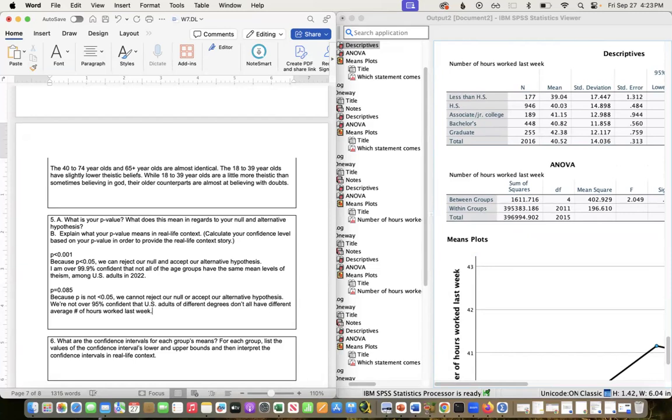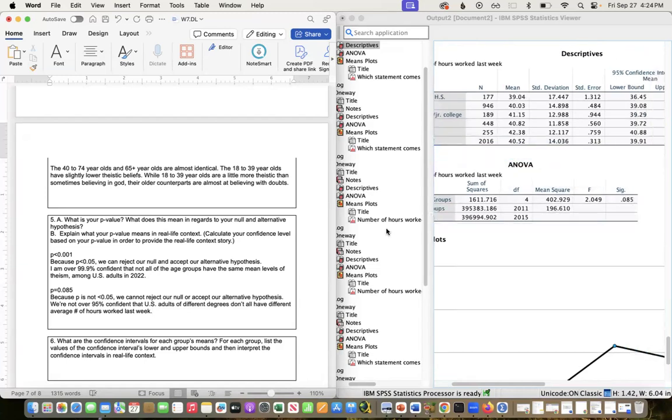Right, so our null is that all of these groups work the same number of hours, and we can't be over 95% confident that that's not true, that on average last week these groups work the same number of average hours. Now it is marginally significant.